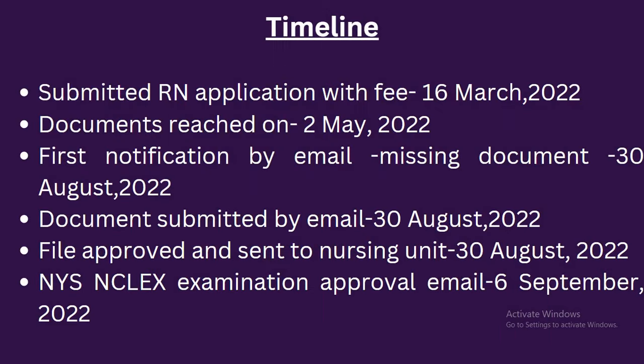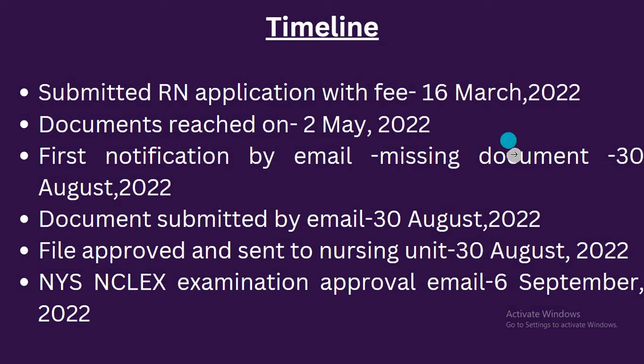Now the timeline of my application. I submitted the RN application with the fee on 16th March 2022. The last document reached on 2nd May 2022, and the first notification by email, the New York State Education Department contacted me stating that there is some missing document.